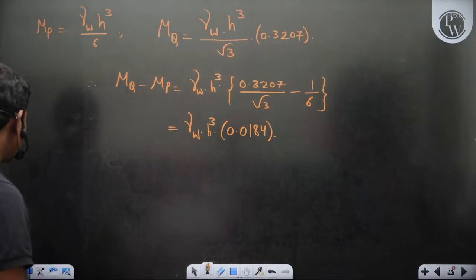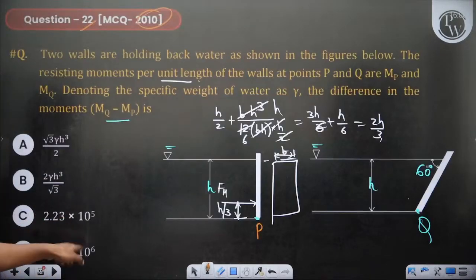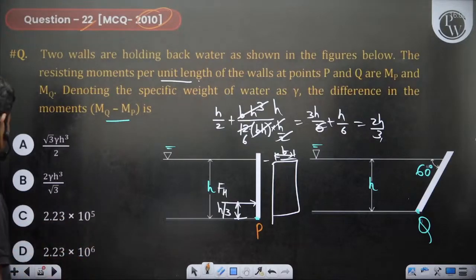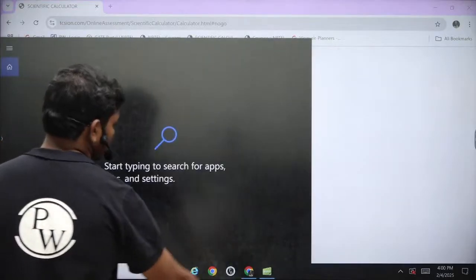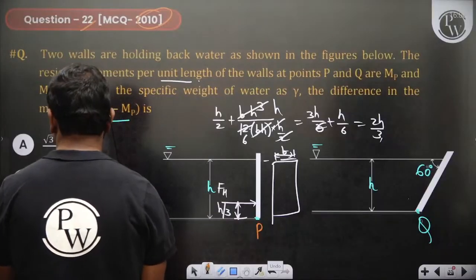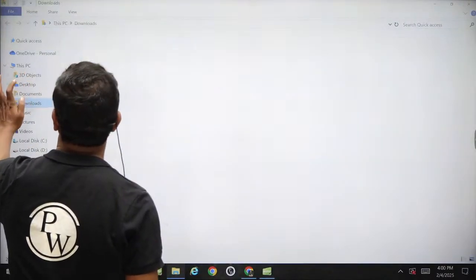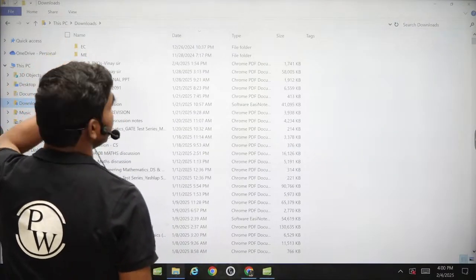I think these two options are not edited. These two are from the previous question. Let me quickly open this 2010. We have the papers, I think. No, we have only EC and ME.